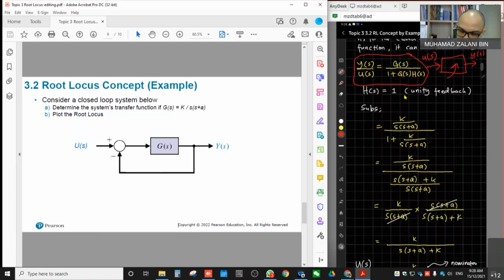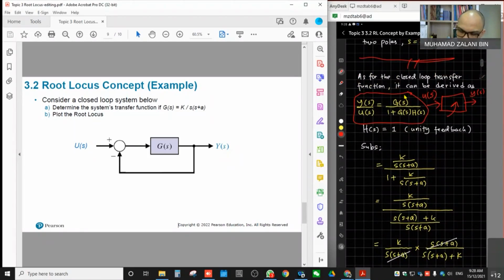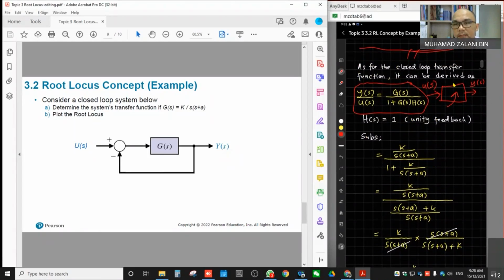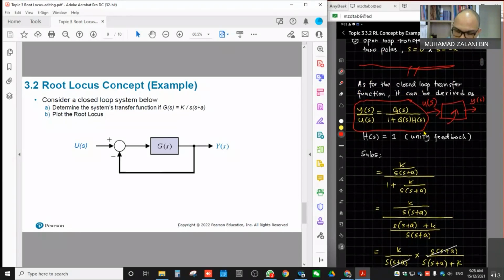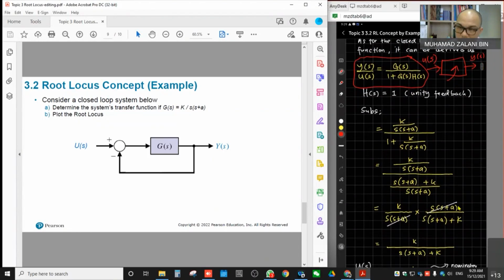So for this equation, we can just substitute all of the values based on the equation that has been given, G(s) and H(s), and we get the following equation.